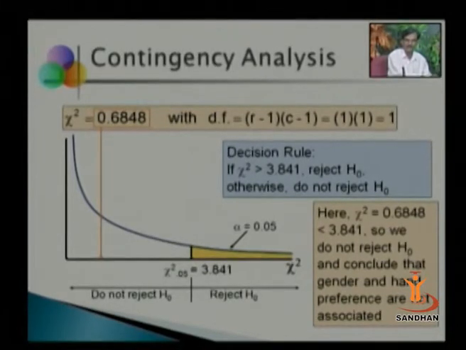The calculated value is less than the table value, so we do not reject the null hypothesis, because this is the decision rule. We conclude that gender and hand preference are not associated, that is, there is no association between gender and hand preference. This is the example of a 2 by 2 contingency table.